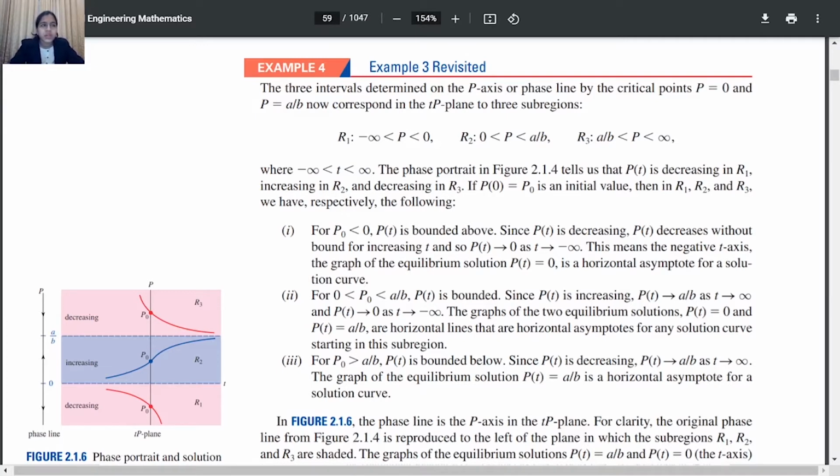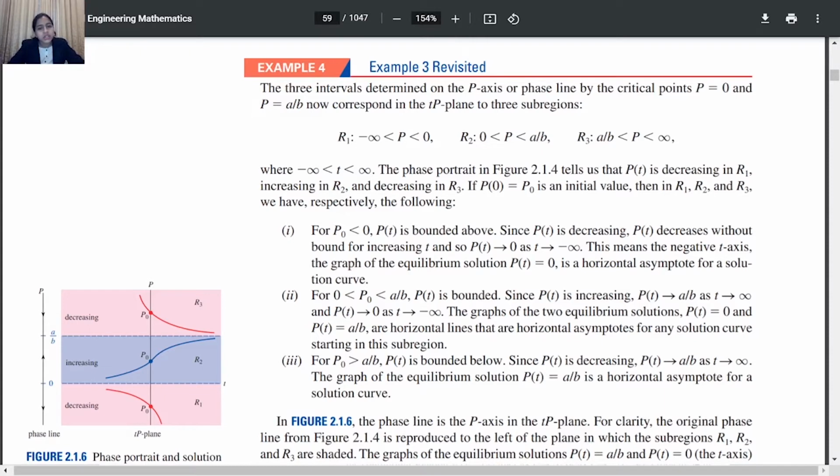From minus infinity to 0 the function p is decreasing, from 0 to a by b it is increasing, and from a by b to infinity it is again decreasing. That is obtained if we put the corresponding values, and we can verify that. We have done that in the last section.